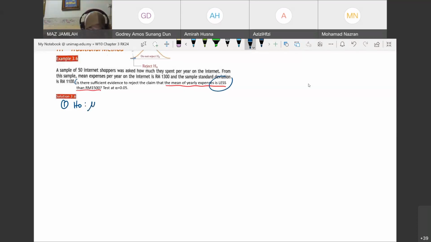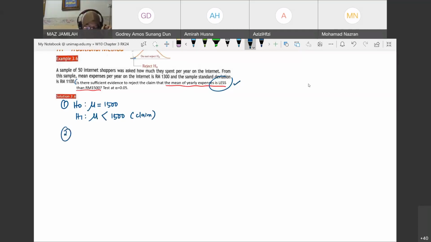So your null is mu equal to the hypothesized value of 1,500, and the alternative is mu less than 1,500. Which of the two statements becomes your claim? Definitely based on the sentence, the alternative.